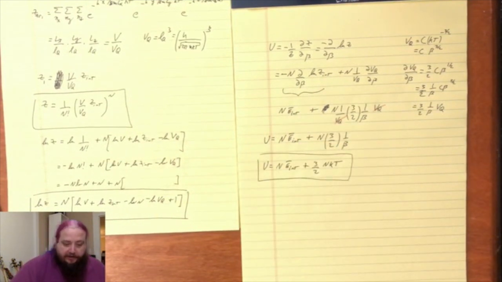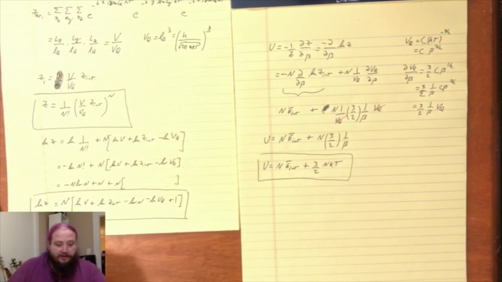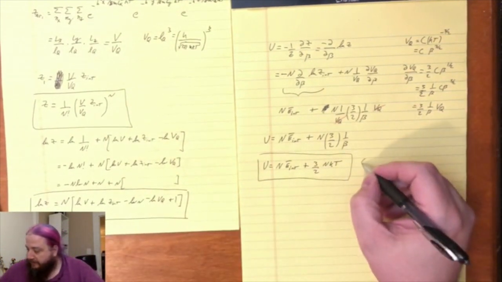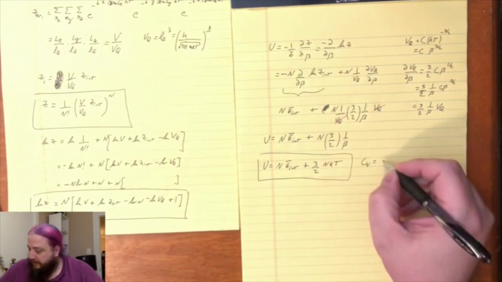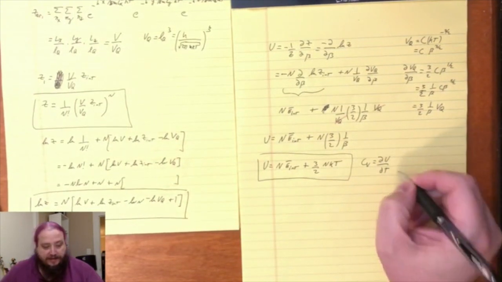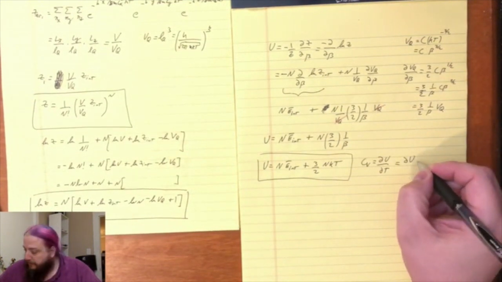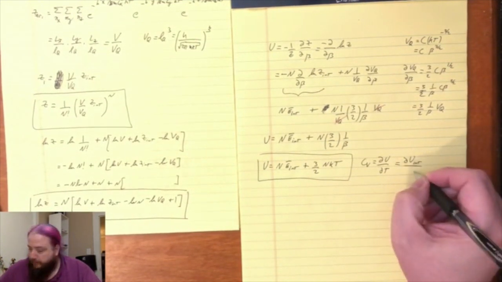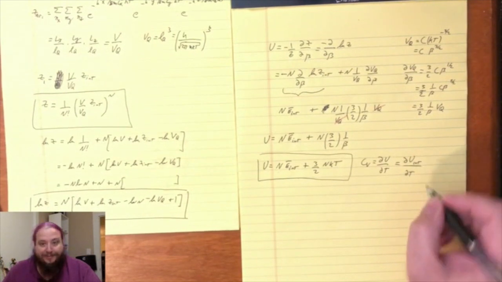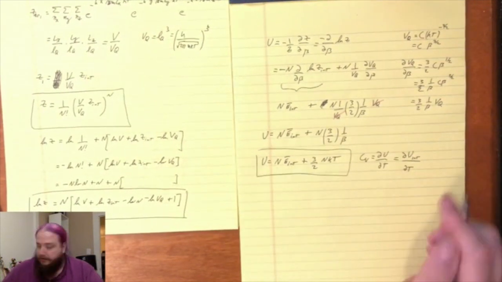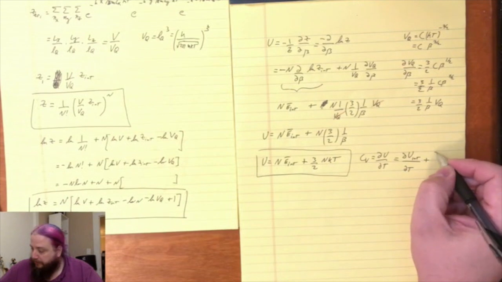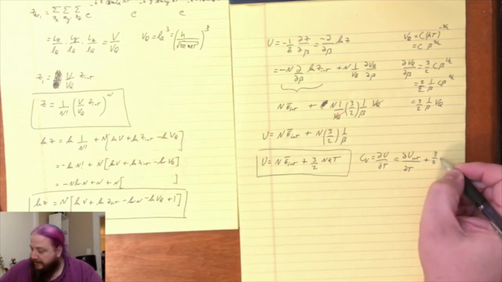We could take the derivative again, obviously, with respect to temperature. If we wanted to calculate CV, that would be du/dT, and that's going to give us a term due to the interior energy of our particles plus 3/2 nk.